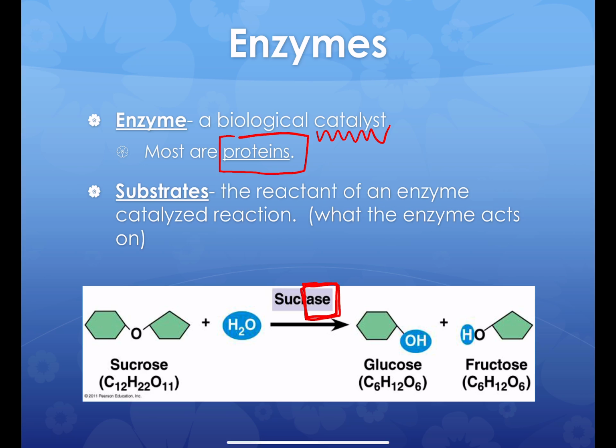Okay? So chemical reactions can happen over long periods of time by themselves. But if we want to speed them up, then we can add a catalyst, or in a living thing, a biological catalyst, because it's a protein that's found in a living thing, is an enzyme.